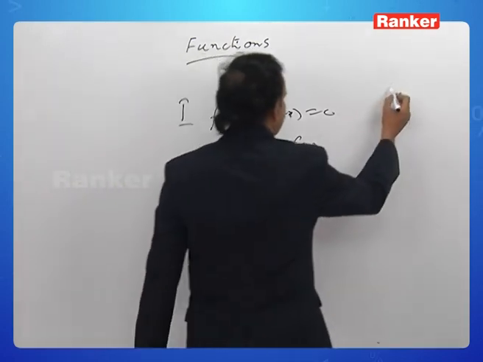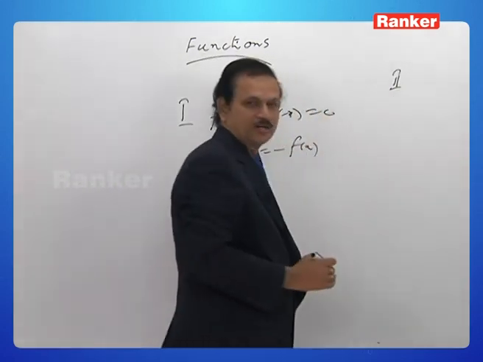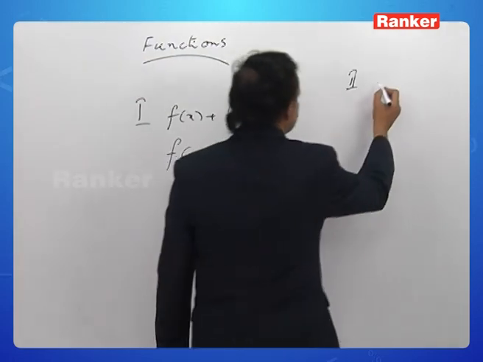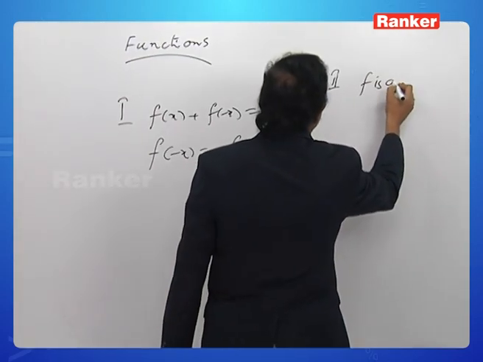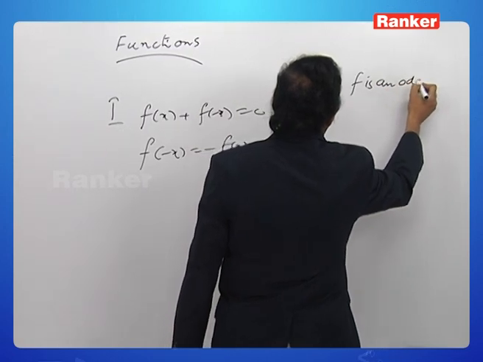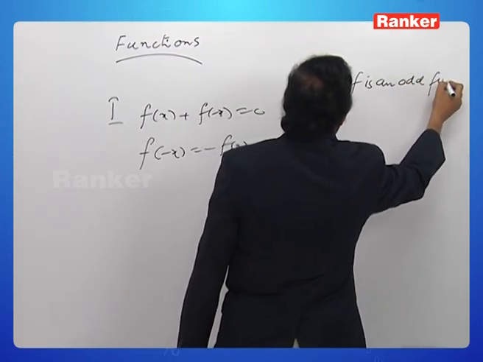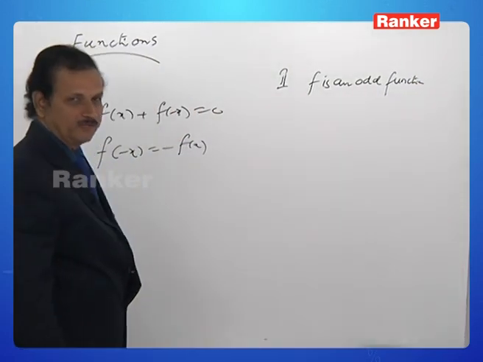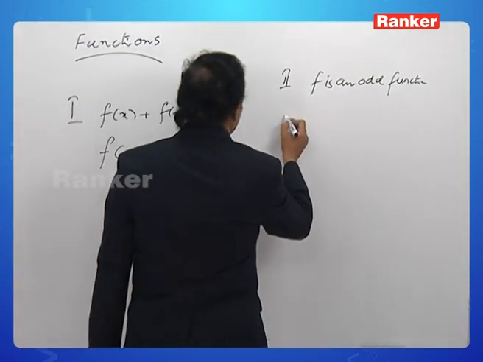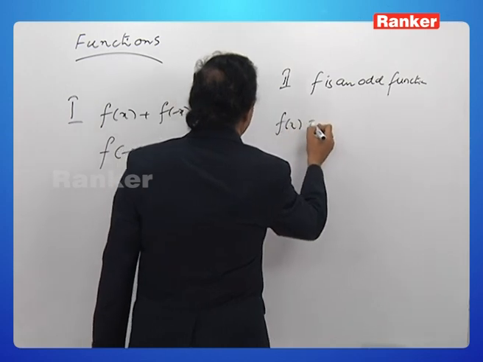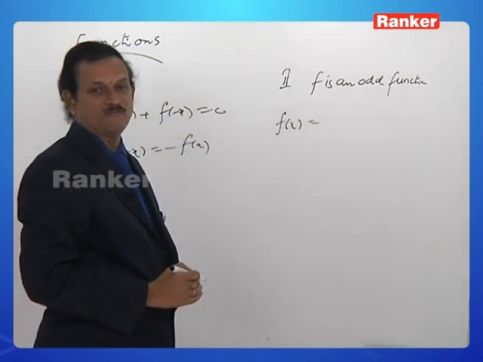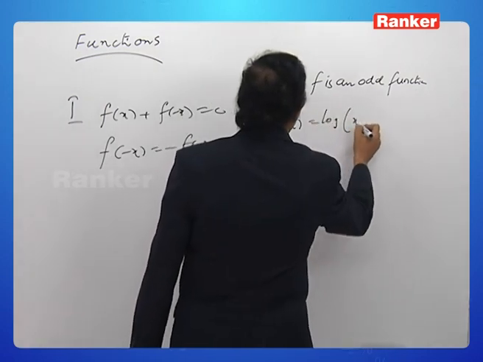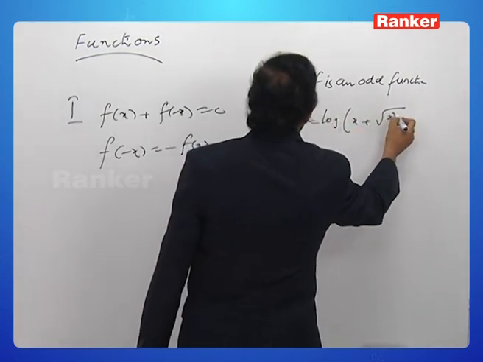Well, what is the second statement? f is an odd function. Now, let us verify if f of x is equal to, what is the basic function given? f of x is equal to log of x plus root of x square plus 1.